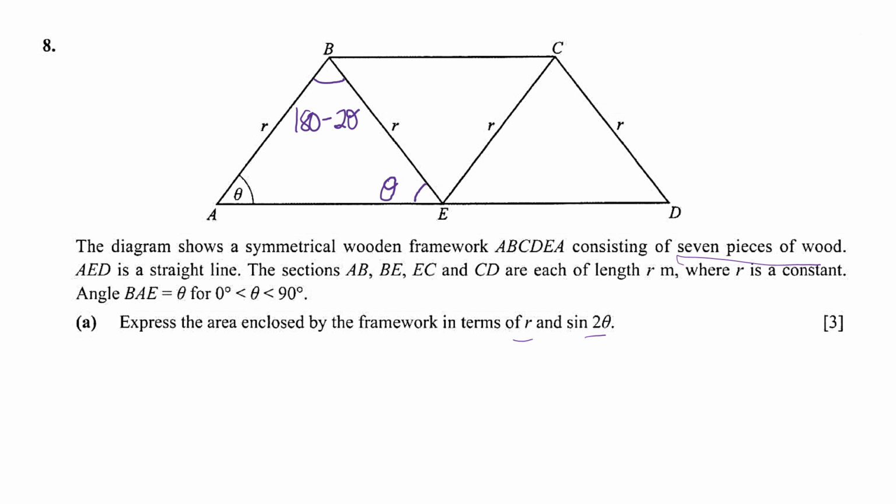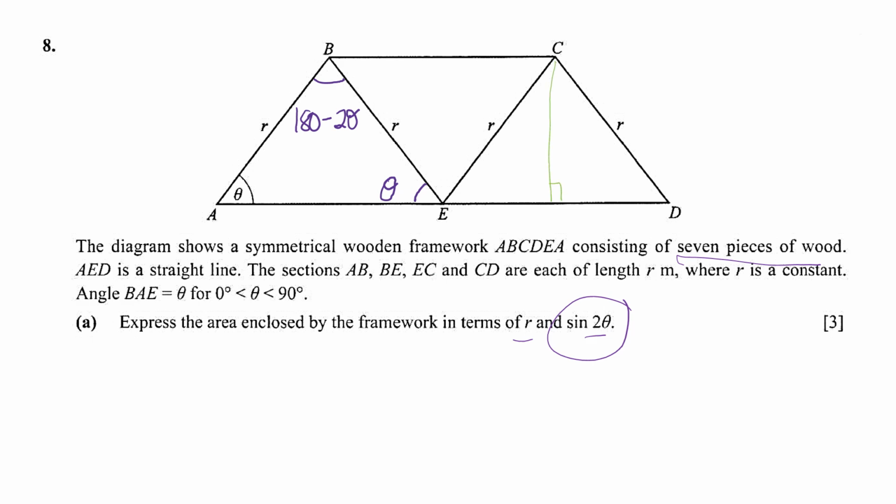Since they're symmetrical, I just need to find the area of one triangle, then times 3. To find the area of one triangle, I'll be using half AB sine C. And if you look at what you're supposed to find, it must be in terms of sine 2 theta. So that gives you an idea that it may not be wise to do it this way.